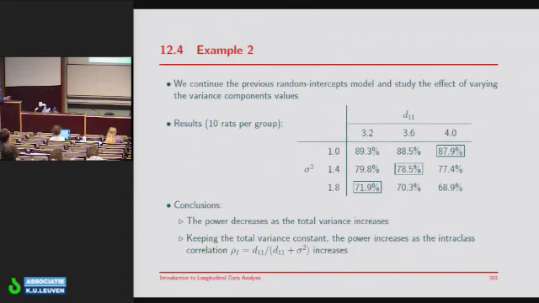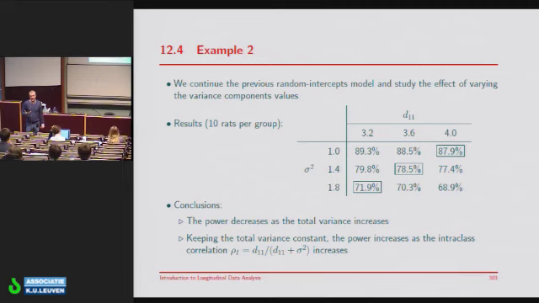Now, just to get a little bit of feeling what that power depends on, let's play around, and we will repeat this for different values for the variance components. Because you have to put in these variance components. And we know from a two-sample t-test that the variance within your groups is important if you want to calculate your power or your sample size.